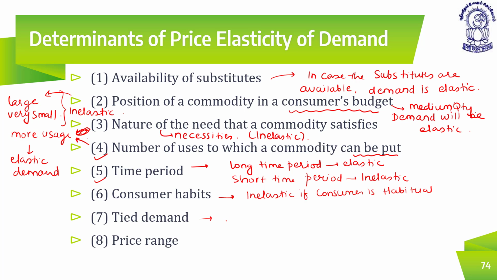The demand will be inelastic. Dependent demand, dependent upon some other product, so it would be inelastic. Price range: very high range or very low range, inelastic. Middle range, elastic.